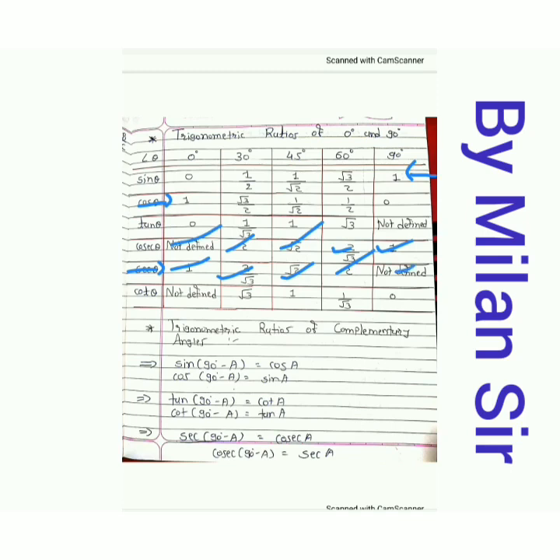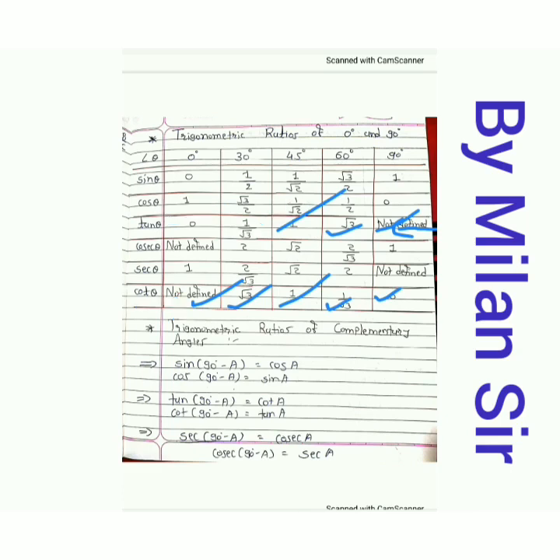Okay, so we just need to reverse the order of cosec theta, then we can get our values of sec theta easily this way. And if you reverse the order of tan theta, then you can get the values of cot theta. Here not defined, under root 3, 1, 1 upon under root 3, 0.